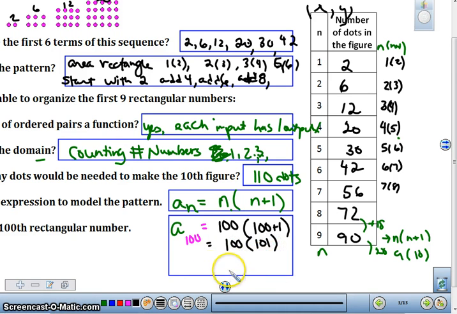What is 100 times 101? The 100th rectangular number is going to be 10,100 when you multiply that on your calculator. Now again, I know this is hard stuff. We're going to probably have this broken into 2 videos because it is hard to explain too. Watch it a couple of times as we go through it.